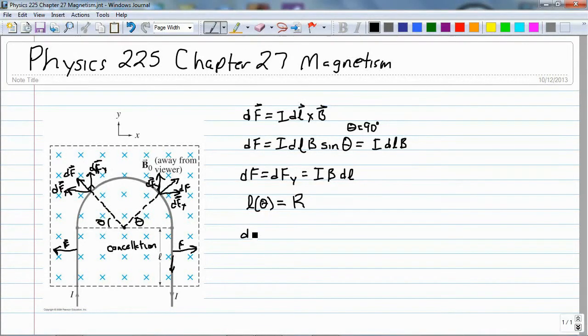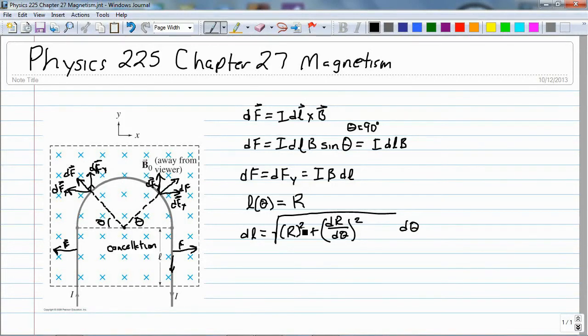We had differential length is equal to the square root of r squared plus dr over d theta squared times d theta.